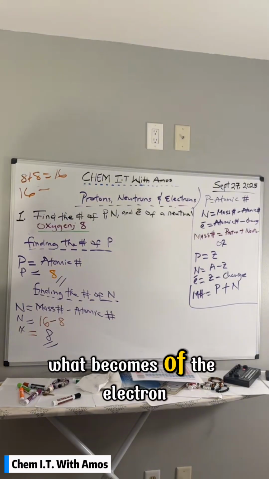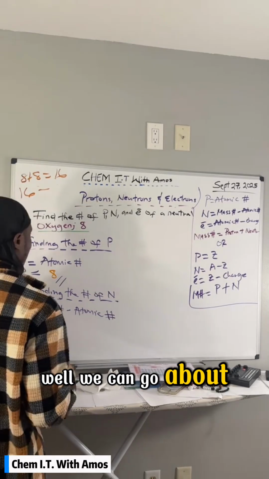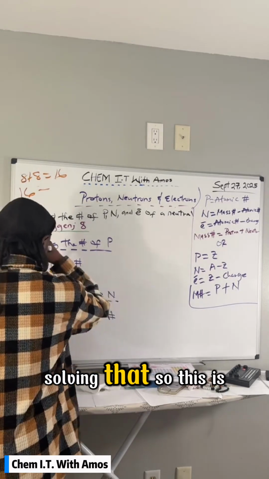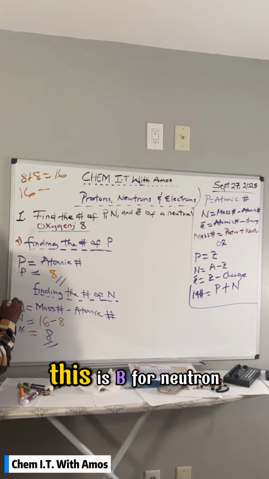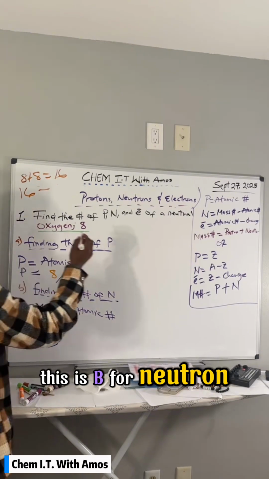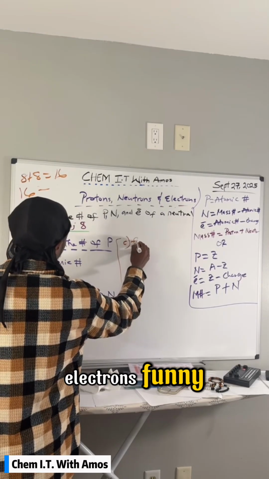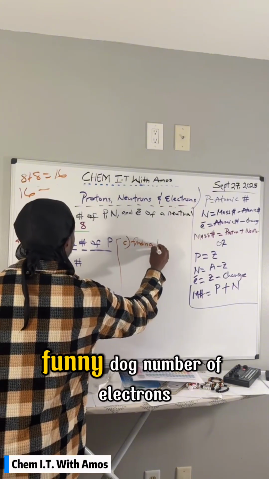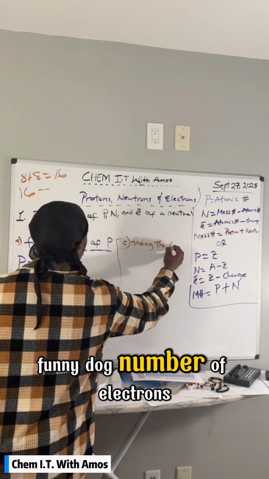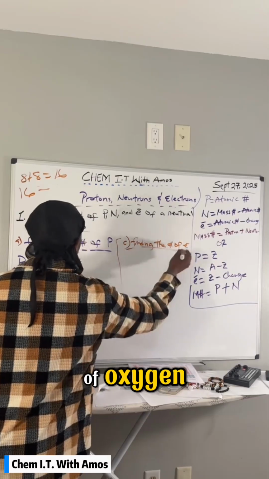So what becomes of the electron of oxygen? Well, we can go about solving that. So this is if we are finding for proton, this is B for neutron, this becomes, let's say, C for finding the number of electrons of oxygen.